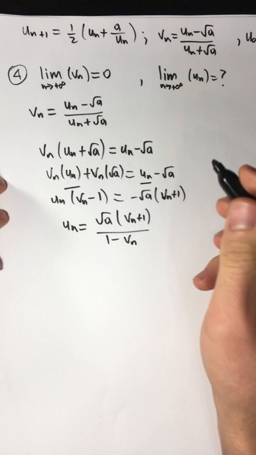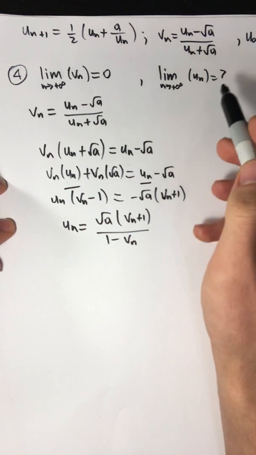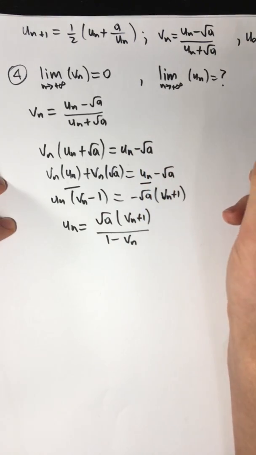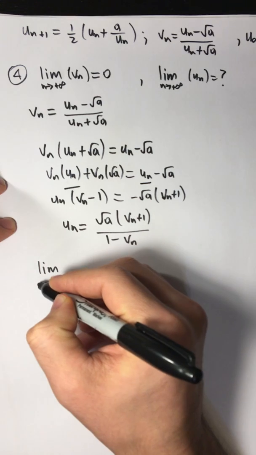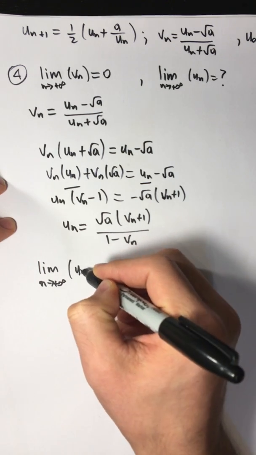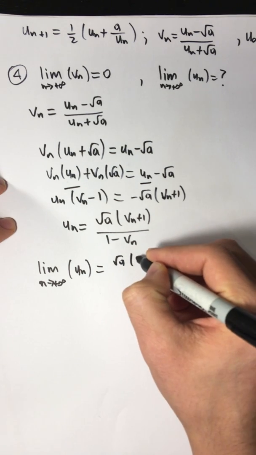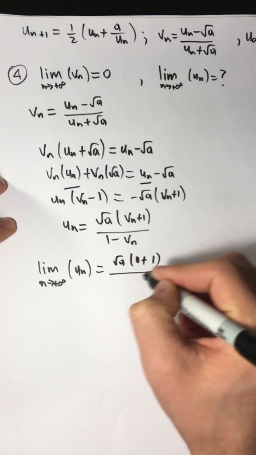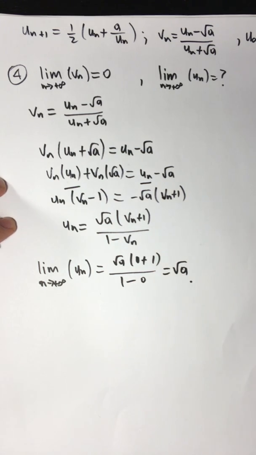Okay, now in here, because the limit of v_n is equal to 0, the limit as n goes to plus infinity of u_n is equal to root a times (0 plus 1) divided by (1 minus 0), which is root a. Okay, that's it.